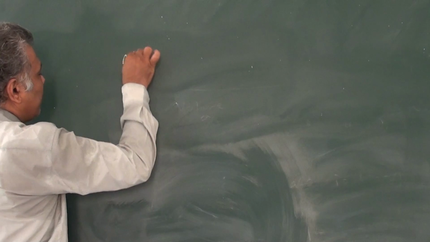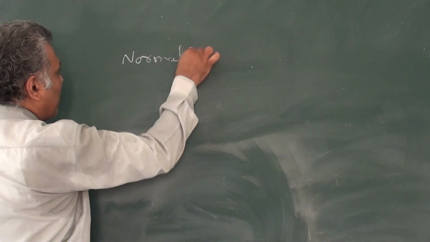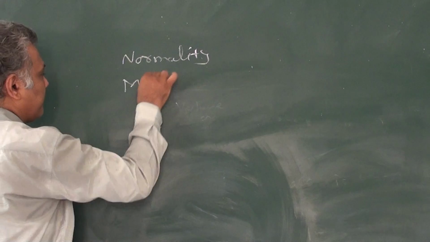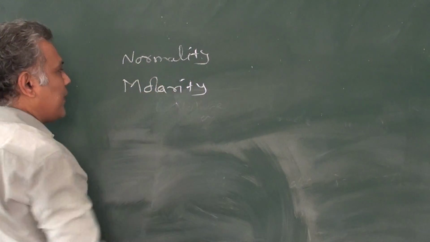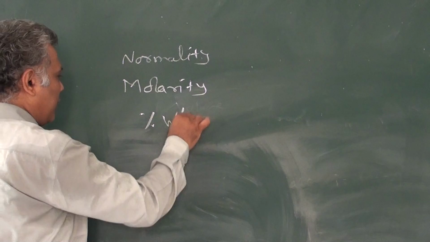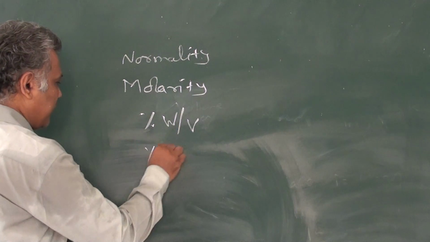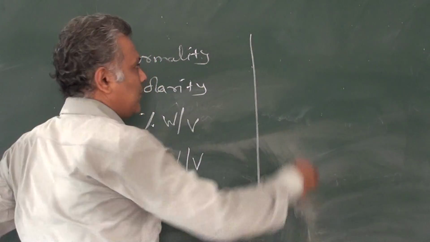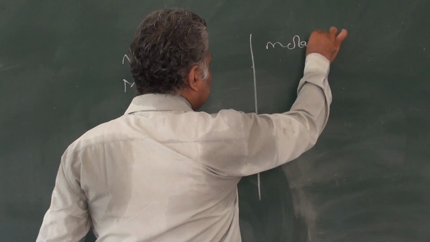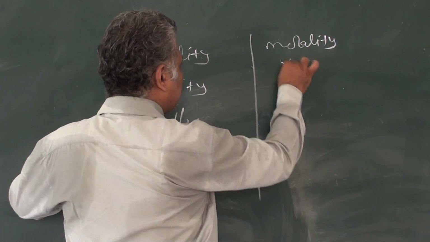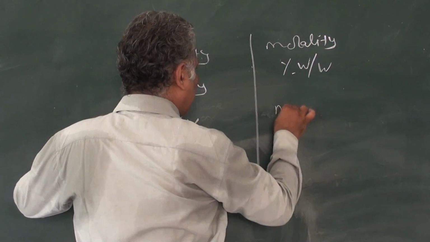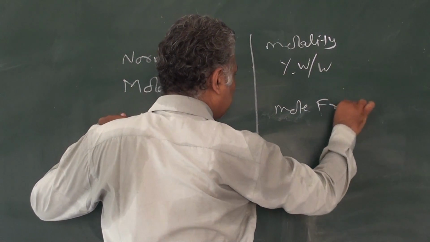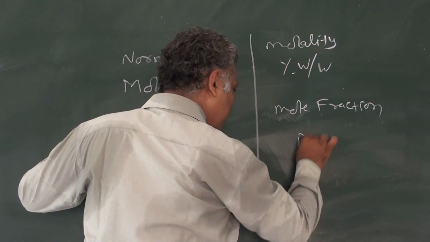Let's first of all find out the difference. We told normality, molarity, percentage of weight by volume, percentage of volume by volume, whereas the other group, that is molality, then percentage of weight by weight, mole fraction or ppm.